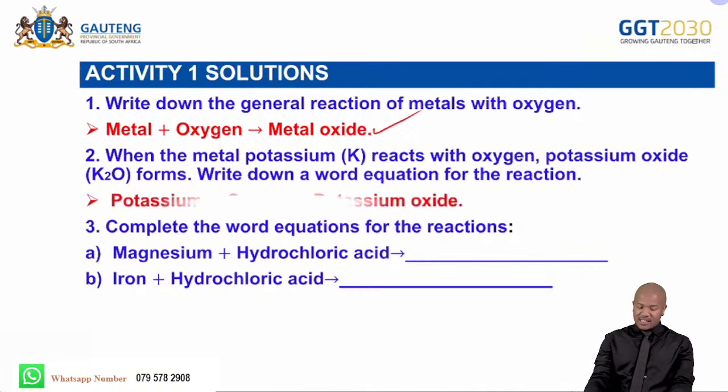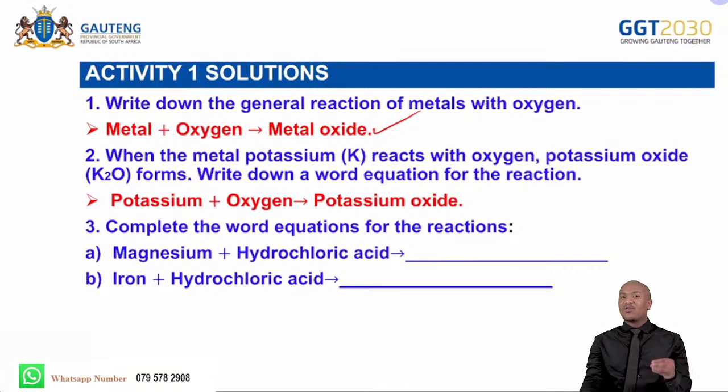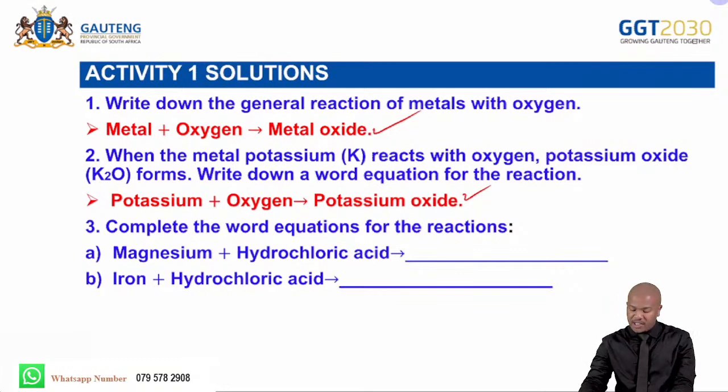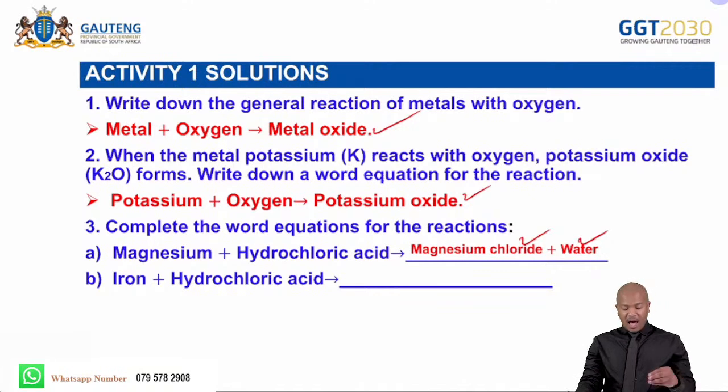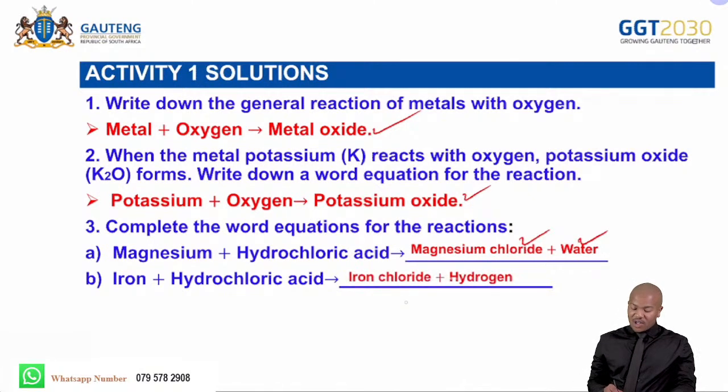And the answer is potassium plus oxygen forming potassium oxide. Number three, you have to complete the word equations for the reactions below. Magnesium plus hydrochloric acid. The answer is they form magnesium chloride and water. Don't forget to mark your work. B. Iron plus hydrochloric acid forming iron chloride plus hydrogen.